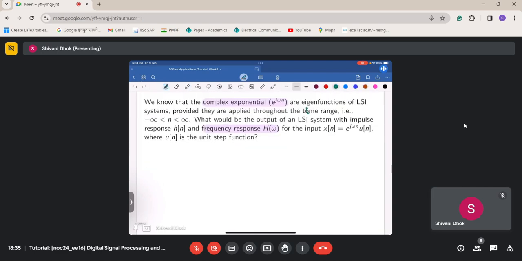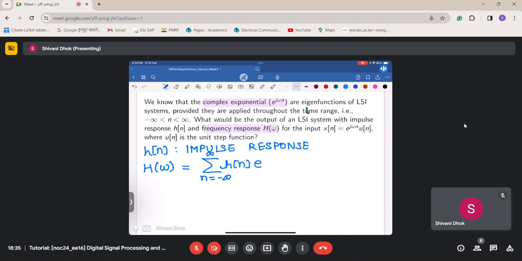So what we have is a system h of n, which is the impulse response of the system. Then we are given the frequency response, which is H of omega. This is the frequency response, and by definition this quantity is summation n running from minus infinity to infinity h of n into e power minus j omega n.